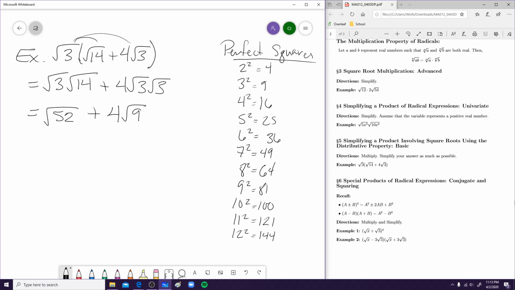One thing I want to say: if you multiply the square root of 3 times the square root of 3, this would be 3 to the 1/2 times 3 to the 1/2. It's also like saying x to the 1/2 times x to the 1/2. What do we know about multiplying similar bases?